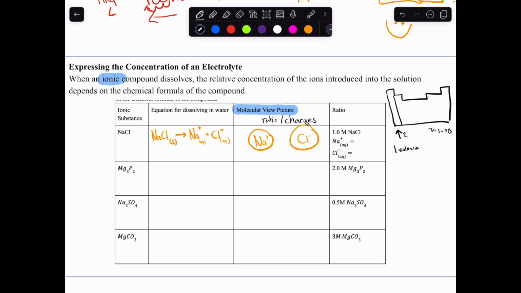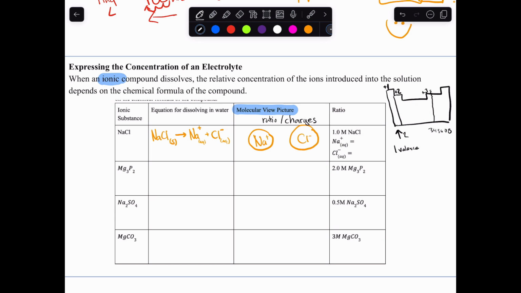So the charge pattern that we have is everything in column 1 will always have a +1 charge because they are trying to lose the 1 they have. Everything in column 2 will have a +2 charge. Same thing here, +3. And then column 4 we just ignore because those all end up being covalent bonds and never ions.